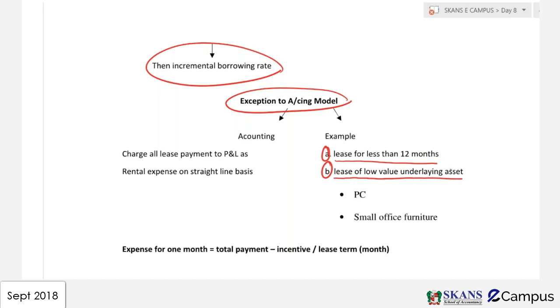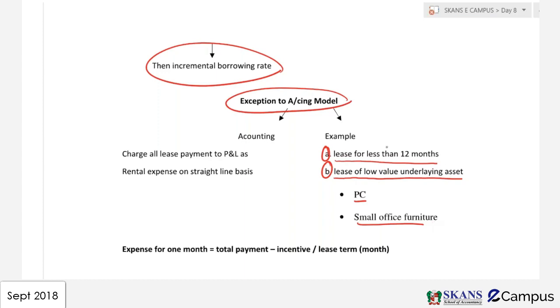If the asset is not of high value, for example you are acquiring a personal computer on a lease, it is a low value underlying asset, so there is no need to book the asset and liability. Small office furniture is also low value, but a car cannot be a low value underlying asset, guys. If you are acquiring a vehicle on a lease, it will always be a high value underlying asset.